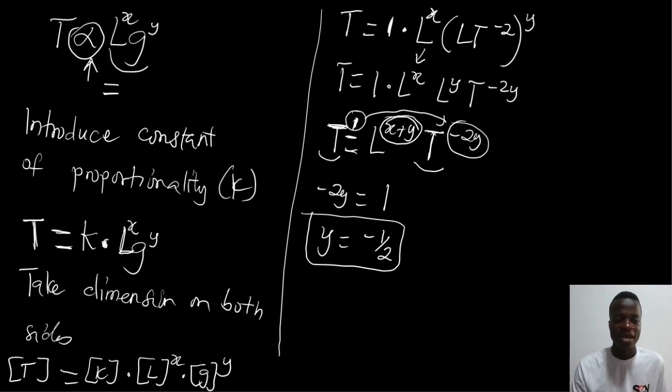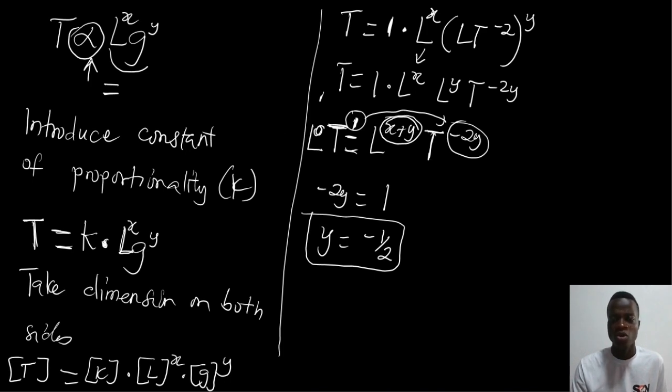On the other side of this equation, focusing on L, you see that there's no L component here. But it is there, it just doesn't show. It's written as L to the power 0. Remember, anything to the power 0 is 1. So 1 times T to the power 1 is always there. There's even M to the power 0, but they don't appear in the equation because anything to the power 0 is 1.